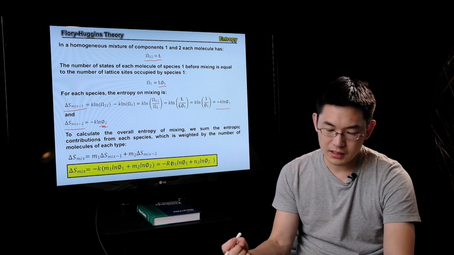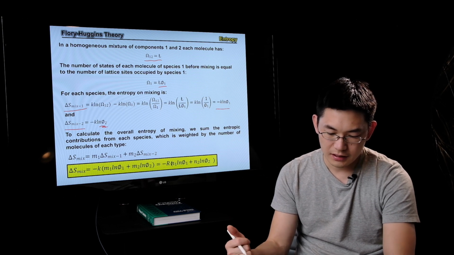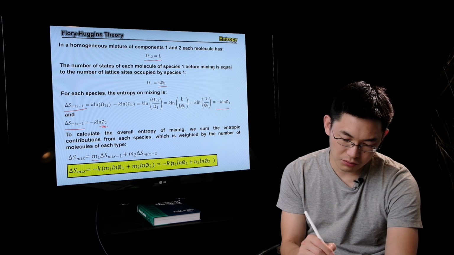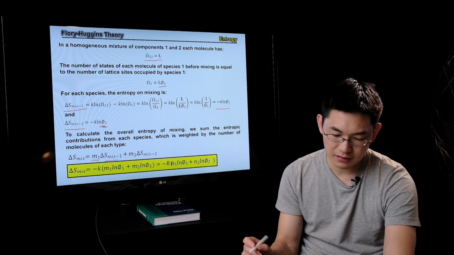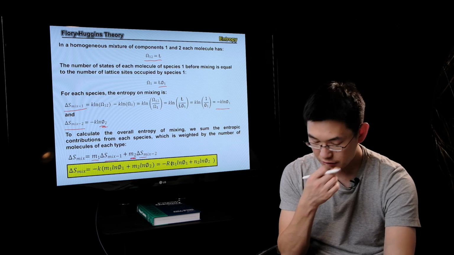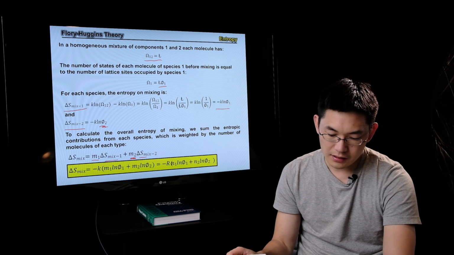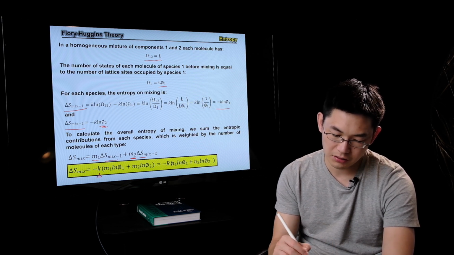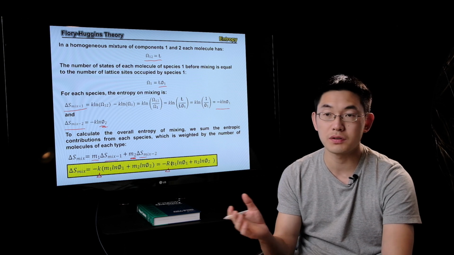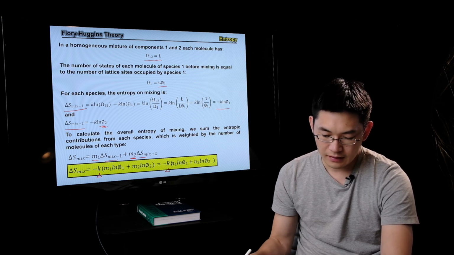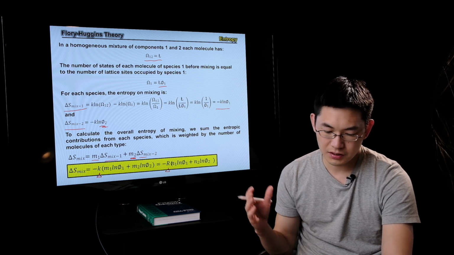All right, now let's calculate the delta S mix. This will equal the number of molecules, each with some degree of mixing. So we can use delta S1, delta S2, and N1, N2, the number of polymer chains. This is one way you can represent it, as we talked about in the past lecture. We can use either the k term, the Boltzmann constant, or the R term, the gas constant, to describe this.